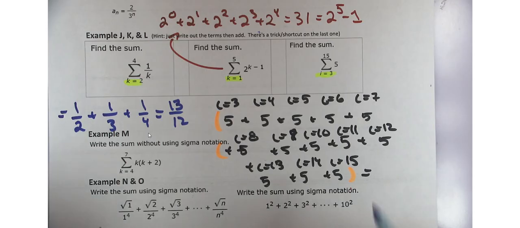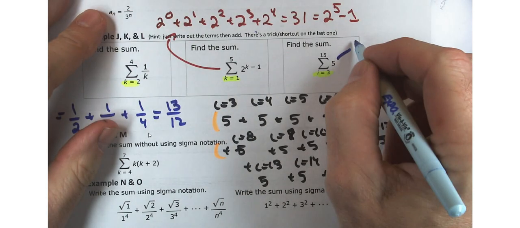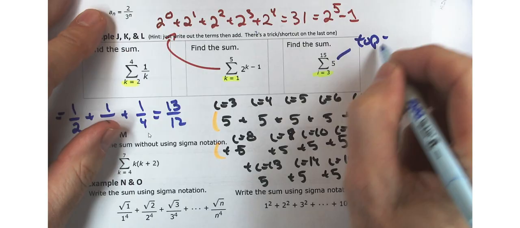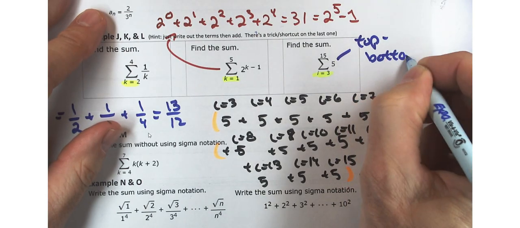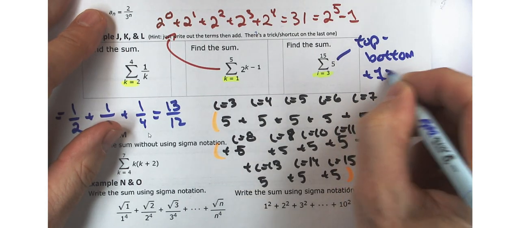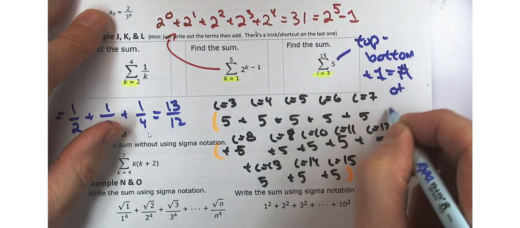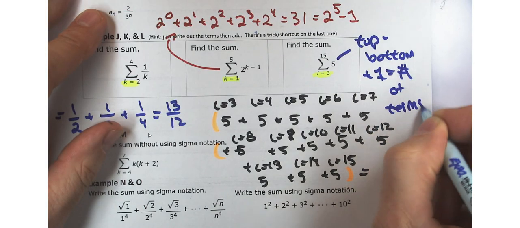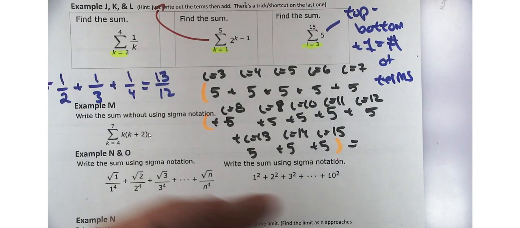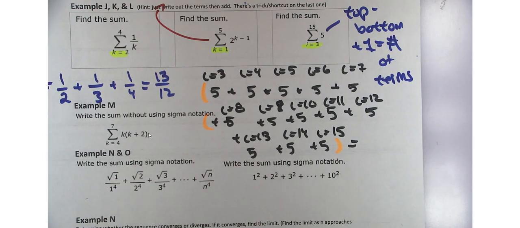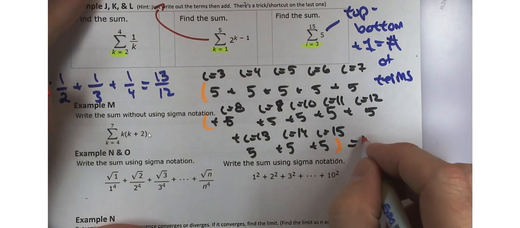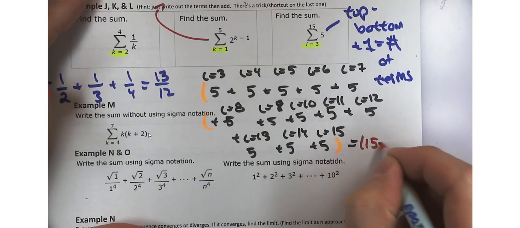So that's the little part that I wanted to get across to us here. Top minus bottom plus 1 equals the number of terms. So for us in this particular case, it would be 15 minus 3 plus 1.